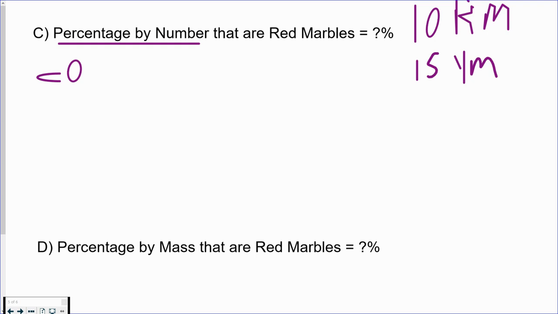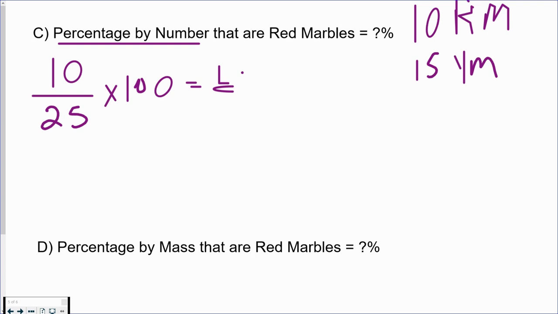So we're going to take 10 divided by the 25, and we're going to multiply that by 100, giving us an answer of 40%. Notice how I didn't put a decimal place due to the fact that 10 only has one significant digit. And that is the percentage by number of red marbles.